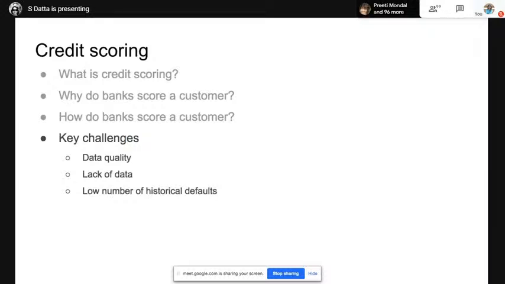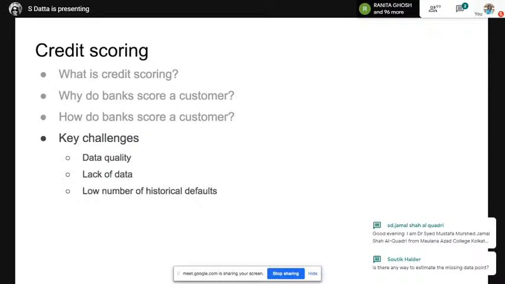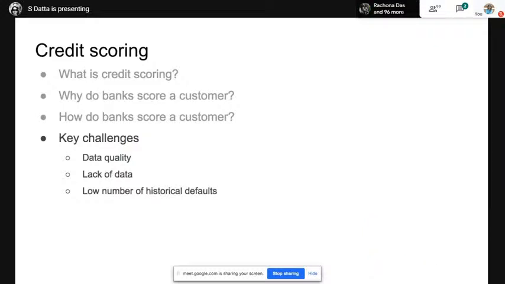Then you can have the issue of historical defaults, which is something I personally dealt with, because I was working in wholesale modeling, and that entails middle market, quite big corporations.